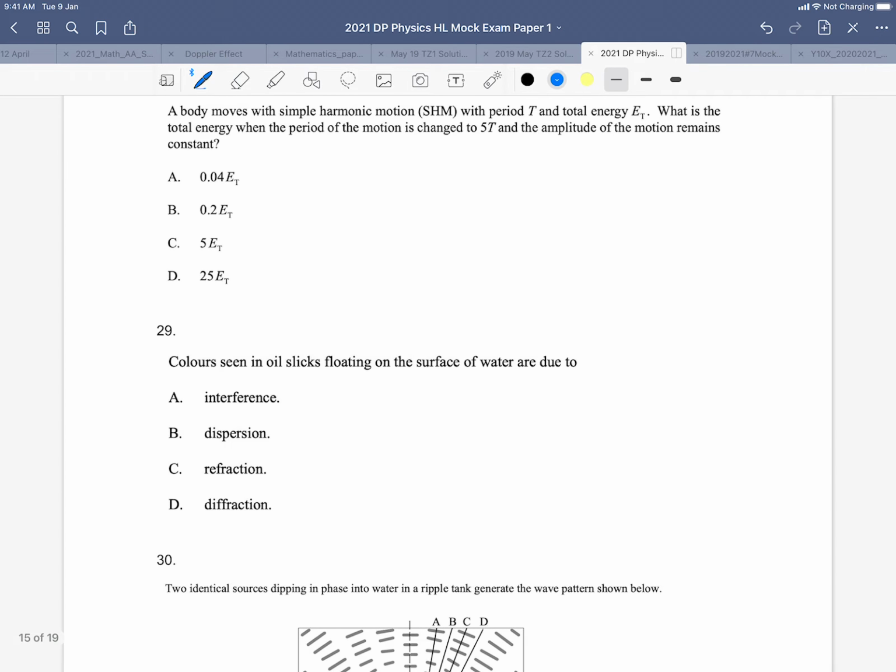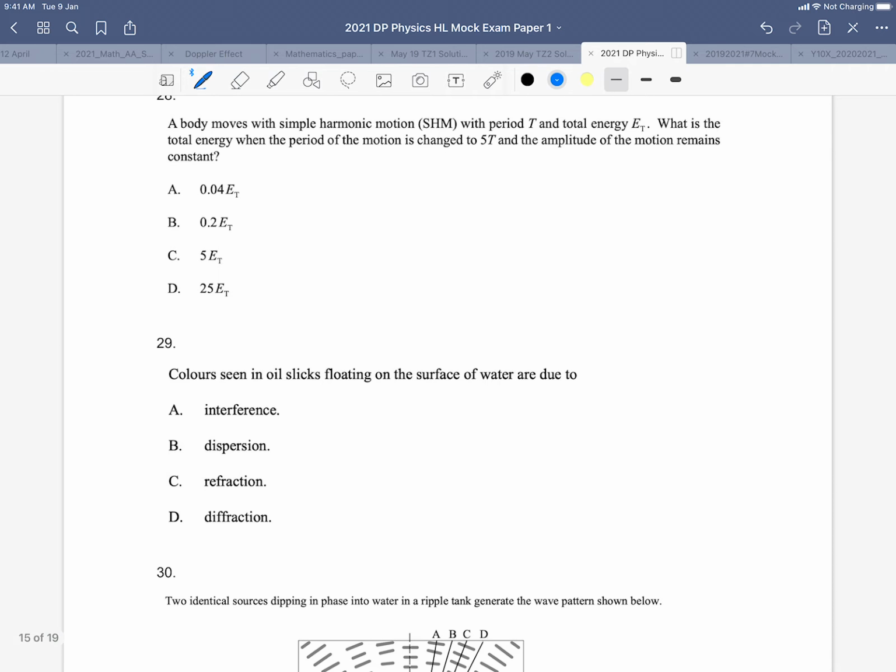Okay, simple harmonic motion, total energy. So we know that the total energy can be written as half m omega squared amplitude squared. So what's the total energy now if the period is changed to 5T? So the period is 5 times as long, and the same amplitude. Okay, well, we know that omega is proportional to 1 over T, the period.